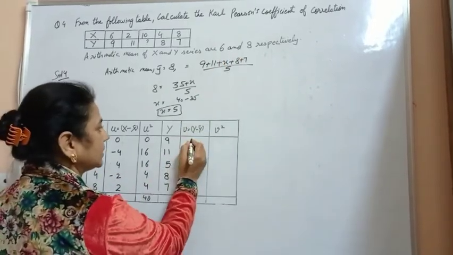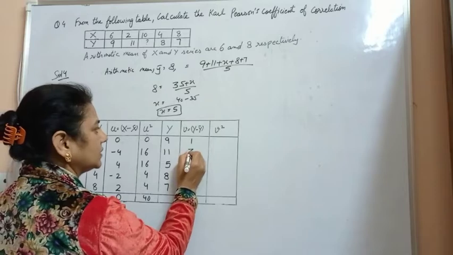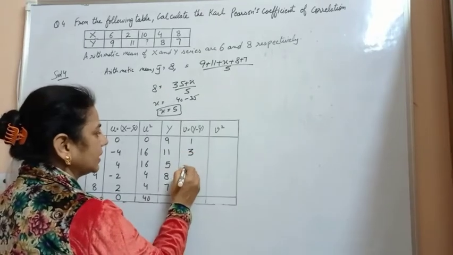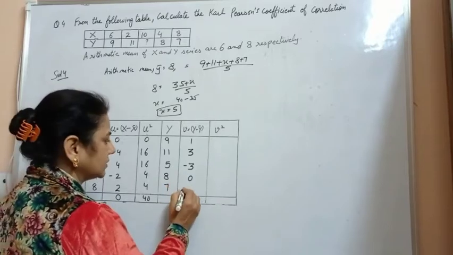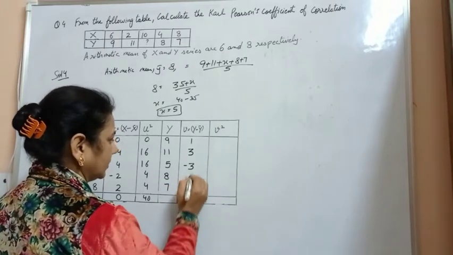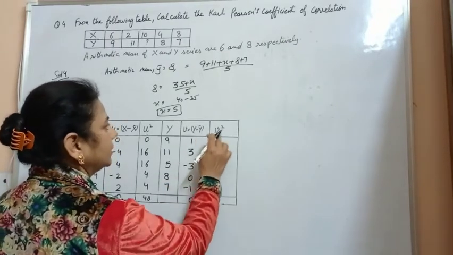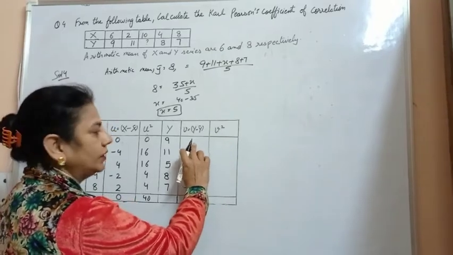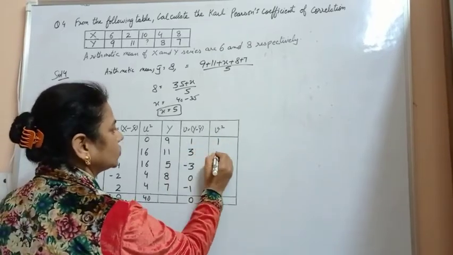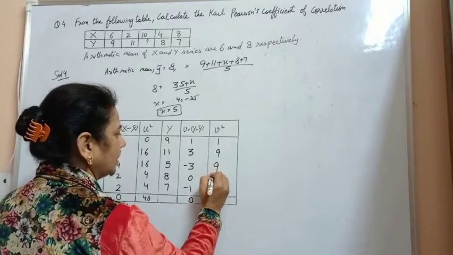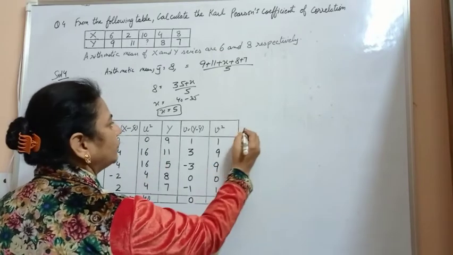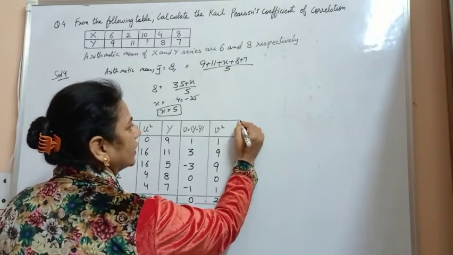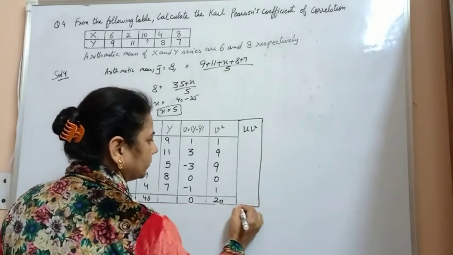So 9 minus 8 is 1. 11 minus 8 is 3. 5 minus 8 is minus 3. 8 minus 8 is 0. 7 minus 8 is minus 1. This becomes 0. Taking v square, take the square of v. 1 square is 1. 3 square 9, 3 square 9, 0, 1, that is 20. We calculate for UV also. UV, another column, UV.